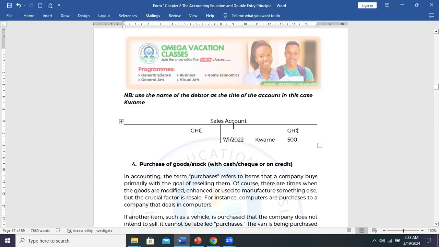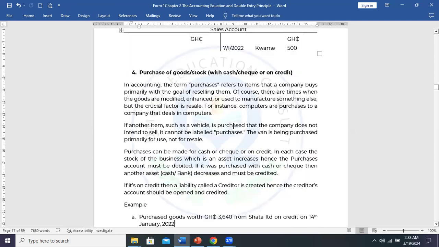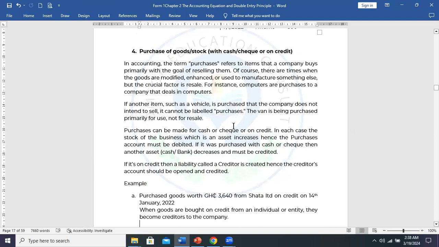Good. If we are okay with the sales, let's move to the purchases quickly. Now, the purchase is the opposite of the sales. Purchase this time means the business is going to buy the goods. The sales is where the business is selling the goods. So purchase means the business is now buying the goods, right?